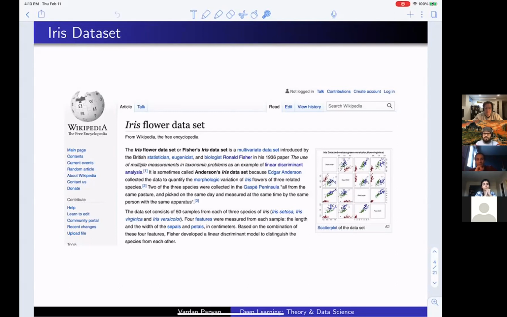What they had was something called the iris flower dataset. So the iris flower dataset was used by Fisher in his original works that were introducing the algorithms that we're going to discuss today.